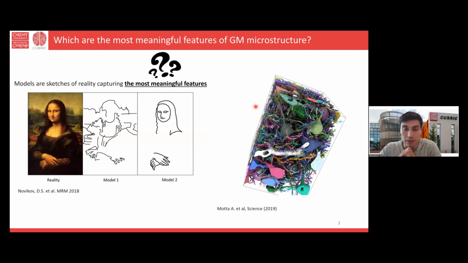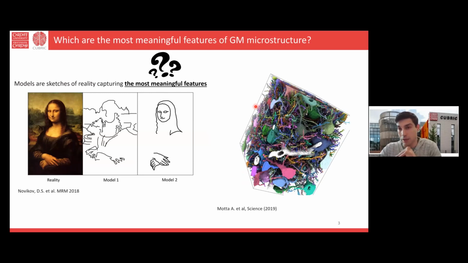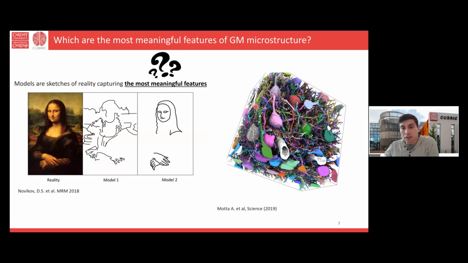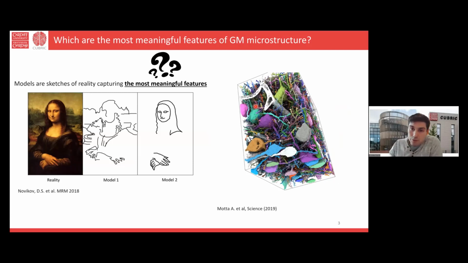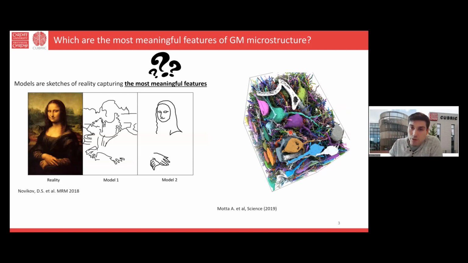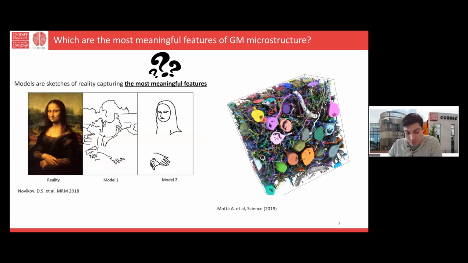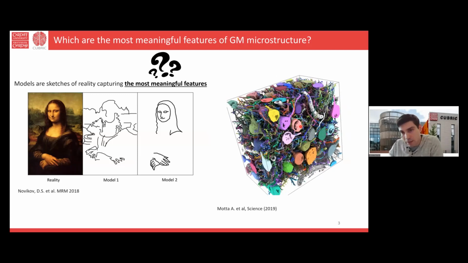The gray matter is incredibly complex and is much more complex than white matter. You can see already here from this wonderful reconstruction from electron microscopy of what I'm talking about. In the gray matter, you have blood vessels, you have neurons and glial cells, you also have epithelial cells, and the cells themselves, they are very complex.